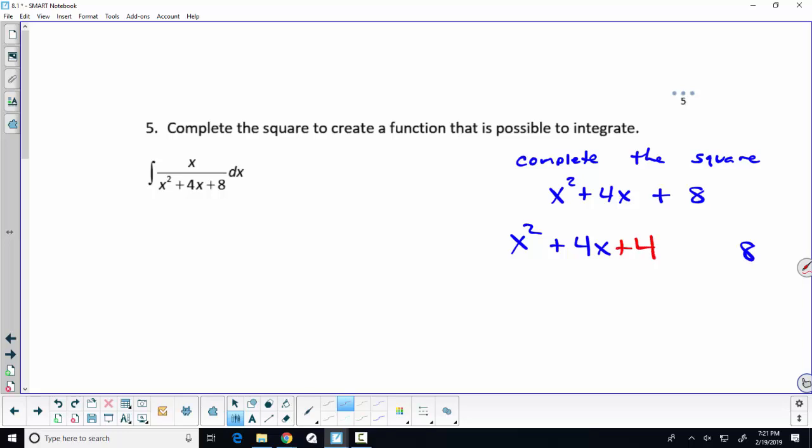So that's now a square. But if we add in 4 to the expression, what do we have to do? Yeah, subtract 4. So we're adding in 0 in a special way to complete the square.